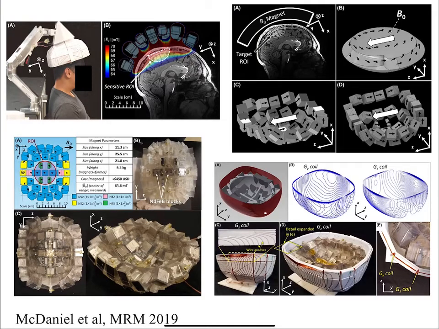Here's another one out of the same group, where they designed this cap that you could move around the person like this. This is an example of what that cap looks like here. It's just a bunch of these little magnetic blocks that they've designed to set up a B field in some direction. Then they put some wires to make the gradient fields like that. So that's the gradient field.